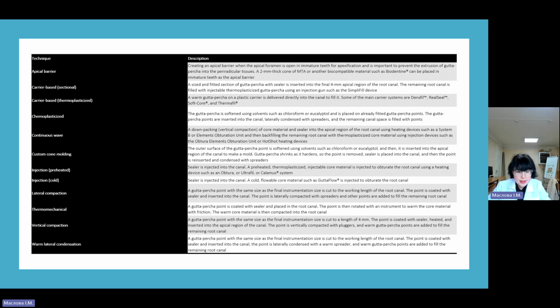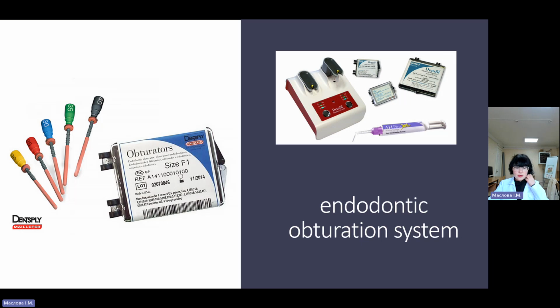The next technique: carrier-based warm gutta-percha on a plastic carrier is delivered directly into the canal to fill it. Some of the main carrier systems are Densfil, Resilon, SoftCore, and Thermafil. You can see this system on the screen.